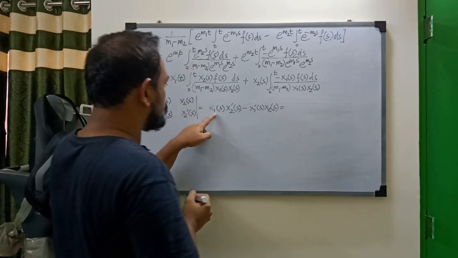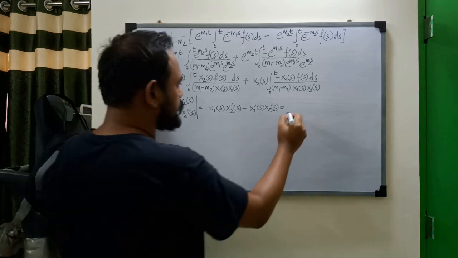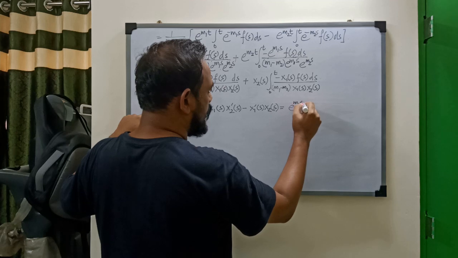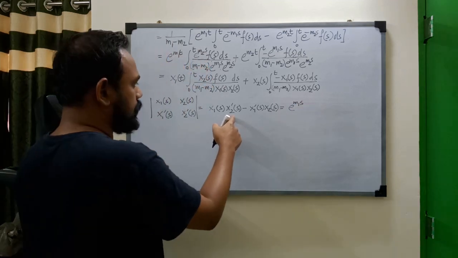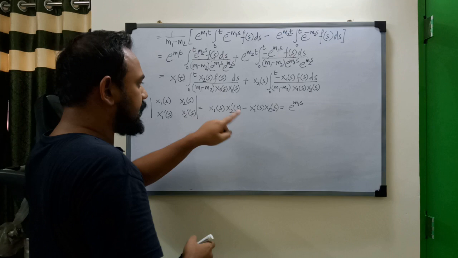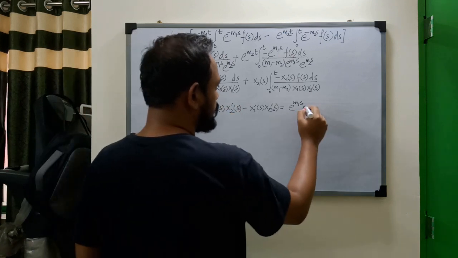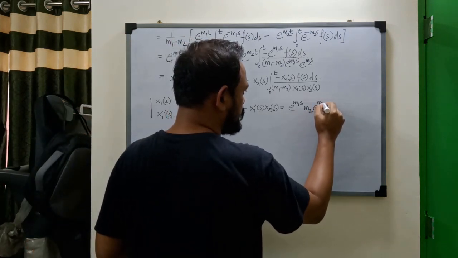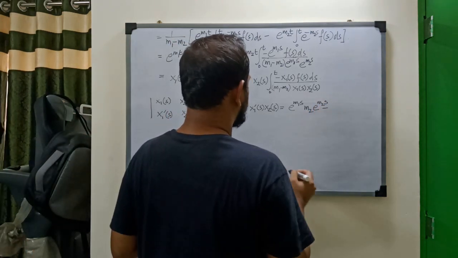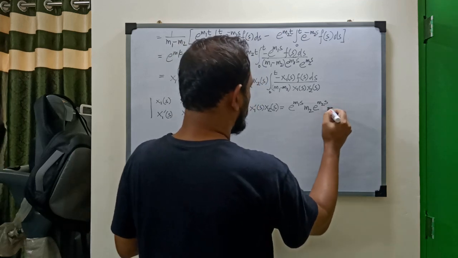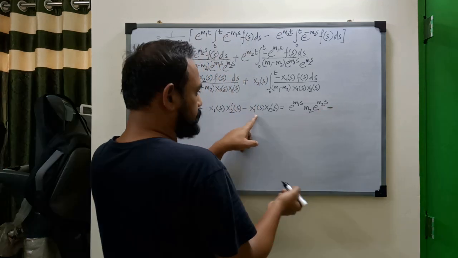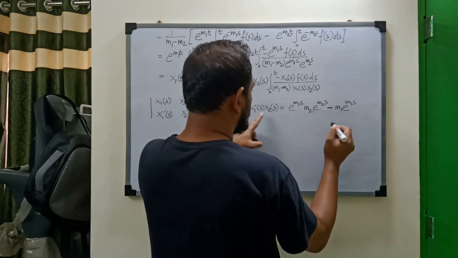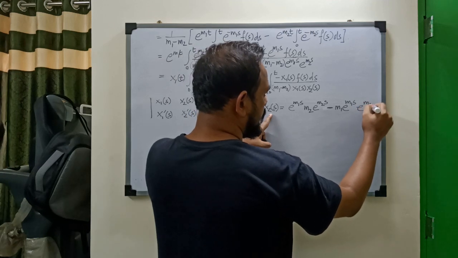And what were they? These were exponentials. This was e to the power m1 s, and this is the differentiation of the second, which is e to the power m2 s, so that you would get m2 with the one-time differentiation, and this would be e to the power m2 s. Minus, this one is e to the power m1 s differentiated once, so you would get m1 e to the power m1 s, and then this one remains as it is, so you have e to the power m2 s.